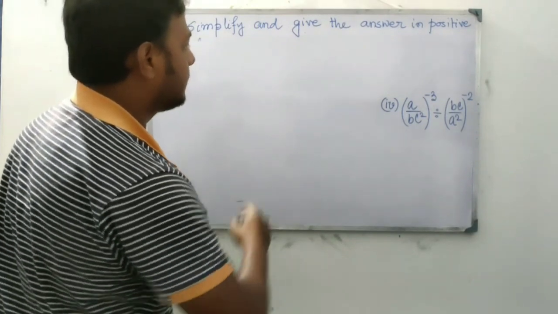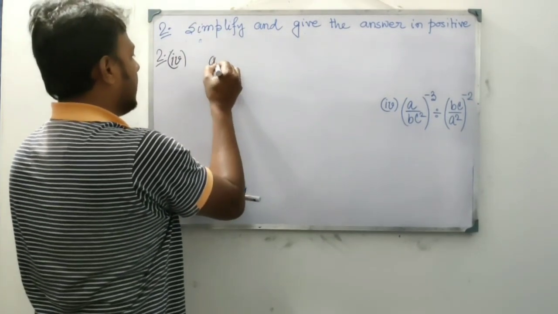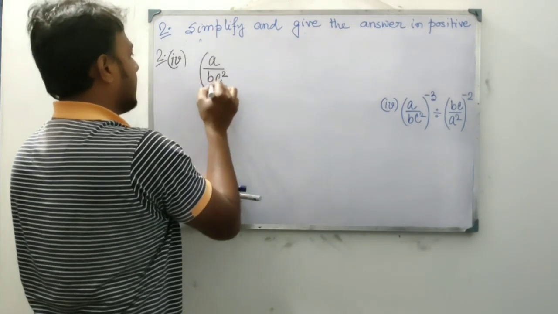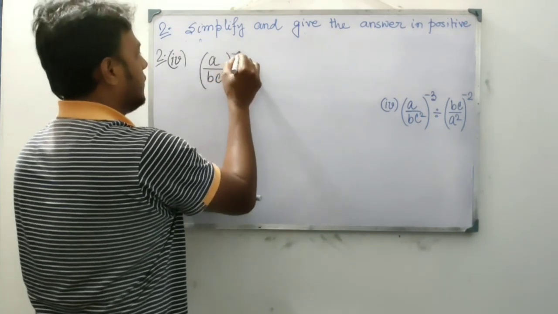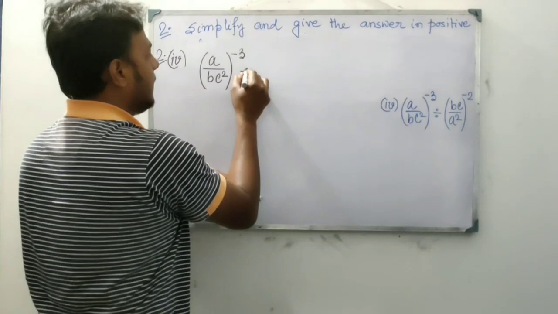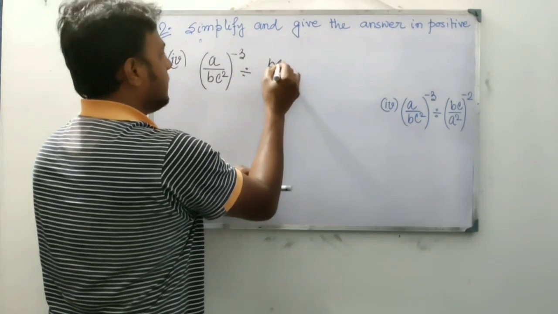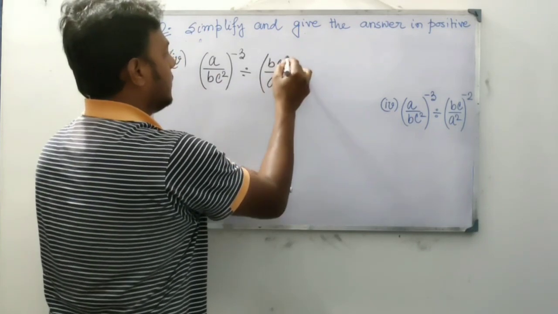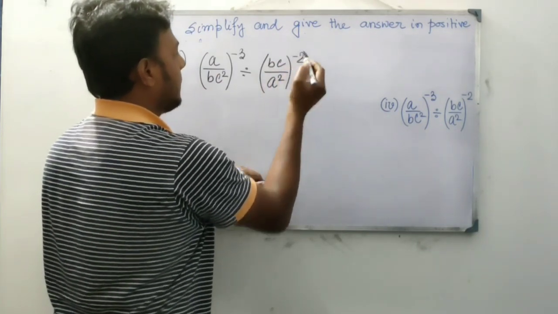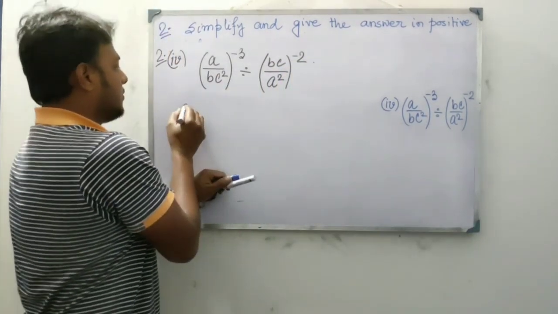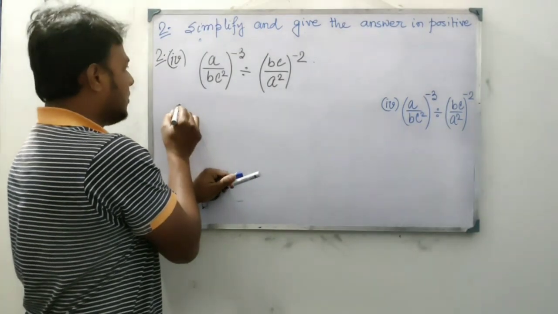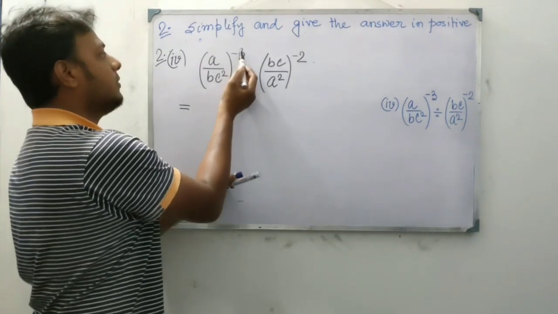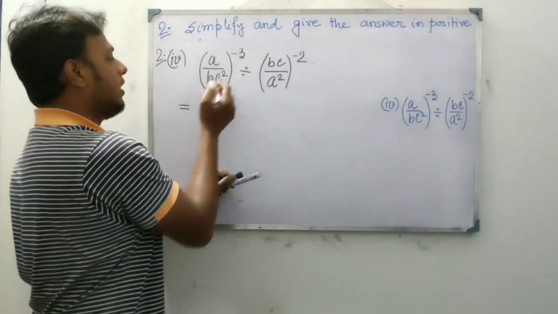What is given here? (a by bc square) to the power minus 3 divided by (bc by a square) whole to the power minus 2. This. So, as I told you, in the case of division, we can distribute the power over numerator and denominator.